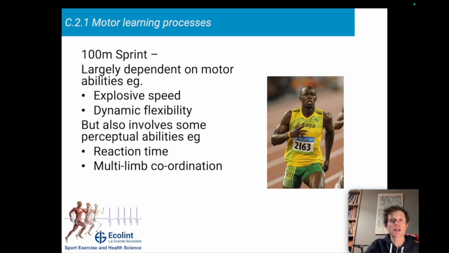You need to be able to react as fast as possible to the gunshot going off at the start of the race. You also, to a degree, need to be able to coordinate multiple limbs moving at the same time, for example, your arms and your legs. And for most elite sprinters, this isn't going to be the limiting factor to their performance. Therefore, we can say that in terms of abilities, the 100-meter sprint is largely focused on motor abilities rather than perceptual abilities.